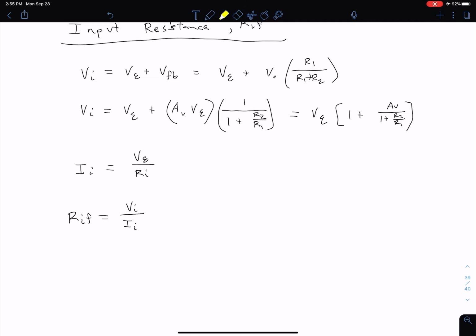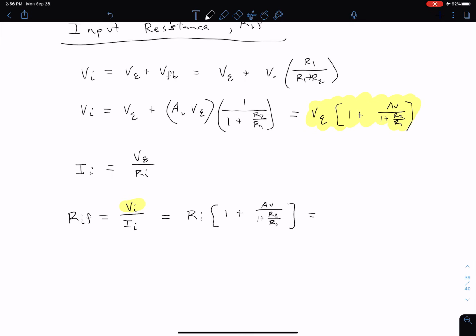And we're going to use this equation for our input voltage. So all of that we're going to plug in here. And so what we can see is we're going to be canceling out that V sub epsilon. We're going to have an R sub I that comes up to the numerator. And then this term in the brackets in the highlighted area above is going to stay. So we have 1 plus AV divided by 1 plus R2 over R1. So we get something that looks like that.